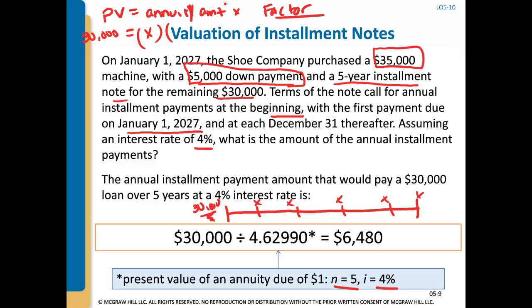So we would go into our factor table for the present value of an annuity due, look at n equals 5, i equals 4, and it's going to be 4.6299. So if I want to solve for x, I'm going to divide both sides by the 4.6299. So I get 30,000 divided by 4.6299, and I get an installment amount of $6,480. So I would need to pay $6,480 for the next 5 years, at the beginning of the first year and then 1 year thereafter.